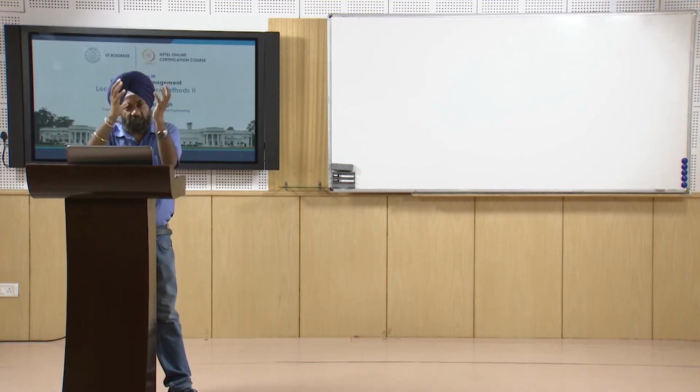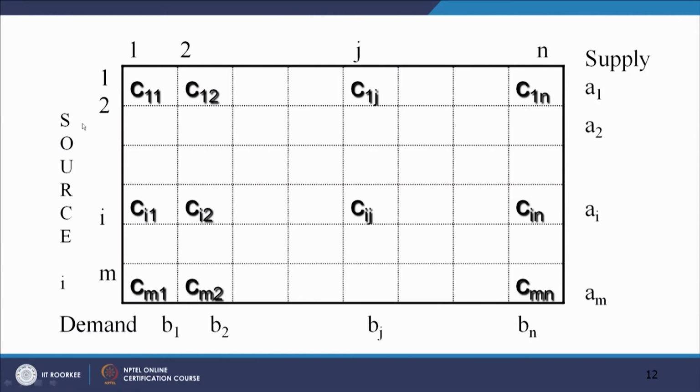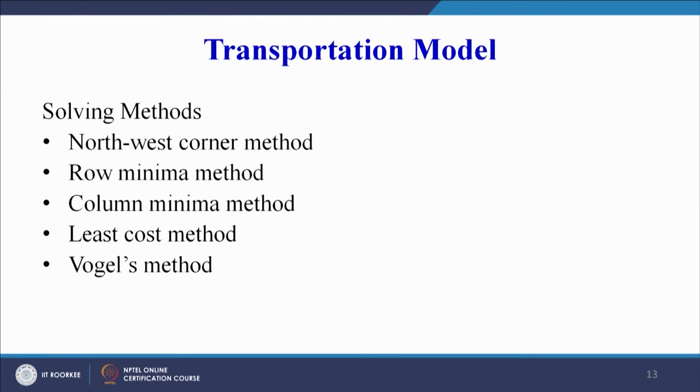All this data can be put into a tabular form like this. We can have generic sources 1 to m, destinations 1 to n, supply Ai which is the capability of each source, and Bj is the demand at each destination. We can fill in these values, and finally the problem can be solved using a number of different techniques.